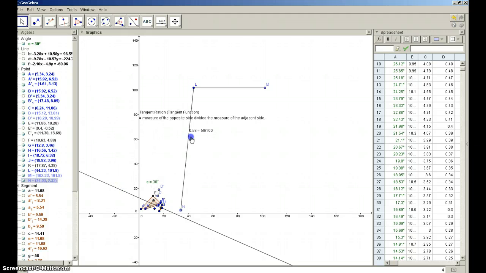And what I want is for these to be perpendicular to each other, because I know that in this case, these two legs come together at the right angle. So I'm going to measure this angle here.